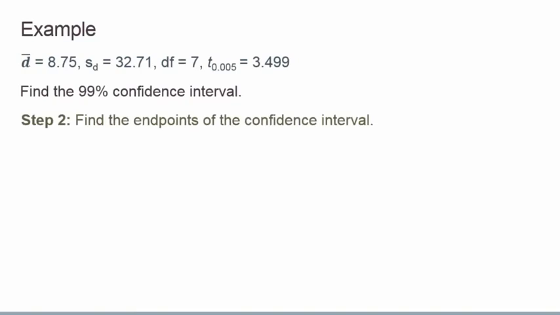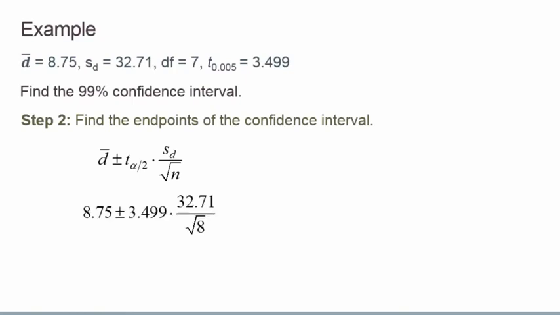Find the 99% confidence interval. Step 2. Find the endpoints of the confidence interval. That formula is d bar plus or minus t sub alpha divided by 2 times s sub d over the square root of n. Substituting, I have 8.75 plus or minus 3.499 times 32.71 divided by 8.